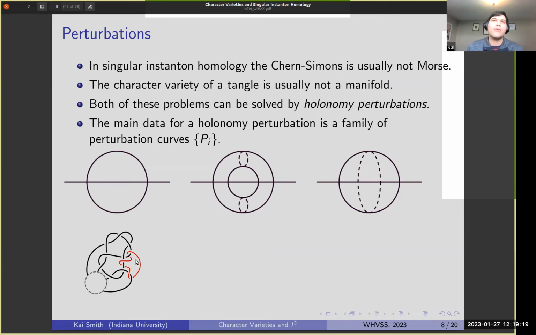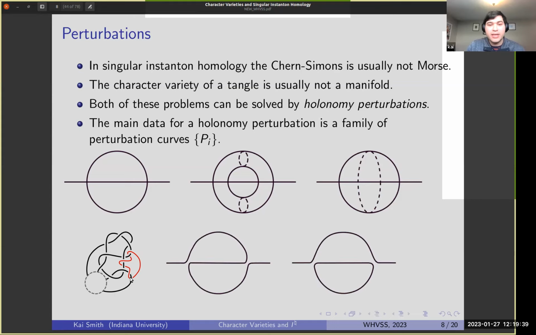So you're no longer looking for flat connections, but connections which are flat outside of a tubular neighborhood of this curve and satisfy a slightly different condition near the curve. It's a little harder to say what the interpretation is in the character variety case, but in any case, you start with these singular character varieties, and applying these holonomy perturbations will smooth them out so that you can get Lagrangians.